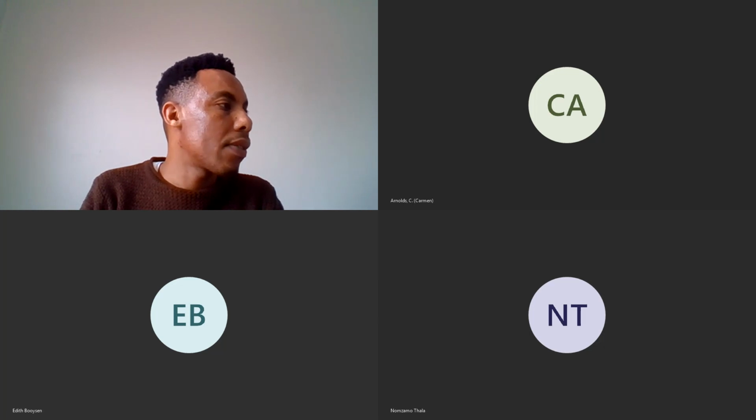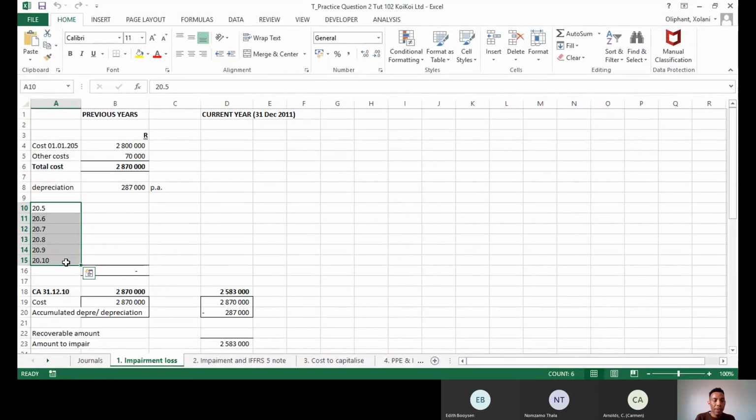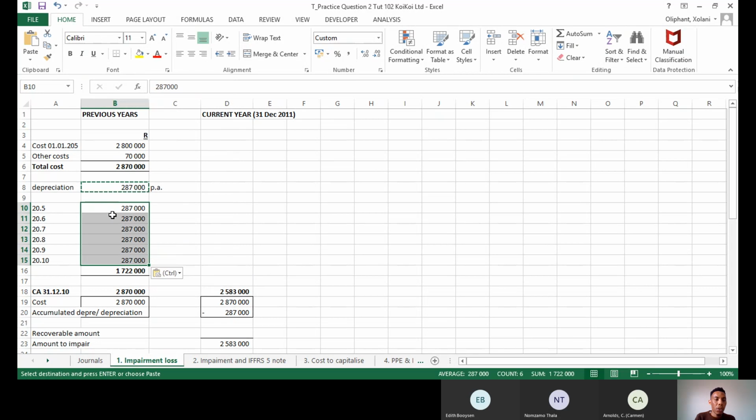Think about 6 years. So it's 1, 2, 3, 4, 5, 6. We would have written off accumulated depreciation for 6 years, so there is a depreciation for year 1, year 2, year 3, year 4, year 5, year 6.